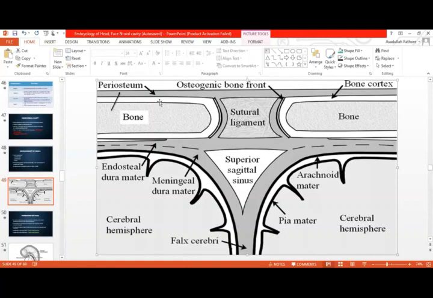इसकी ही आप जब internal layer देखते हो जिसको इसने osteogenic bone front का नाम दिया हुआ है, ठीक है. तो आप इसके नीचे वाली जब layer देखते हैं तो वो आप देखें कि bone के margin के ऊपर आके internally bone की तरफ bend कर जाती है, ठीक है.